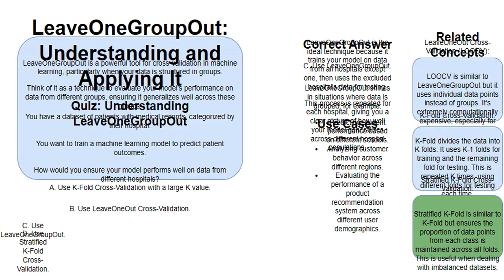Stratified K-fold is similar to K-fold but ensures the proportion of data points from each class is maintained across all folds. This is useful when dealing with imbalanced datasets. Detecting fraudulent transactions, where you want to ensure the model performs well on both fraudulent and legitimate transactions. 1, 0, 2, 1, 3, 0, 4, 1, 5, 0, 6, 1, 7, 0.